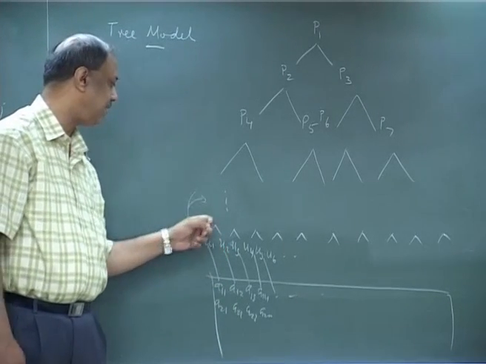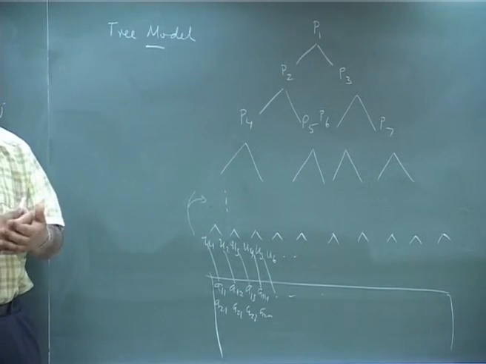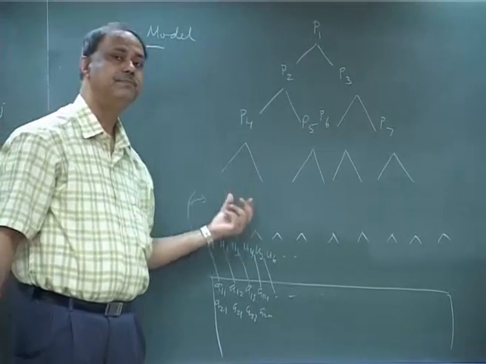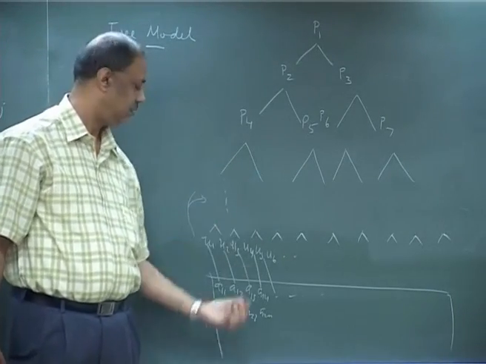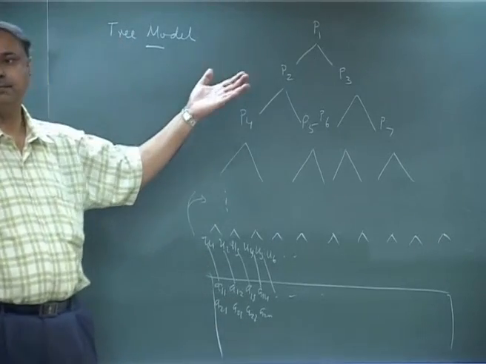Once the higher node receives the two data, it adds, and the result is sent to the higher node and so on. So it propagates from the bottom to the top.